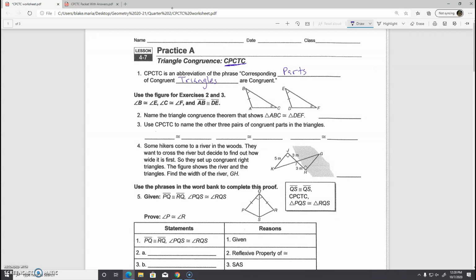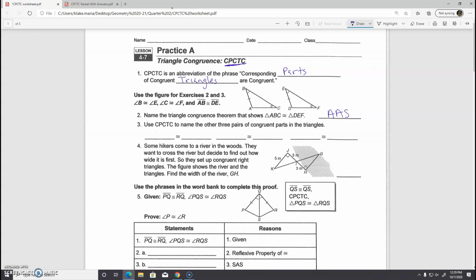So it means if you tell me, look at these two triangles, if you tell me these triangles are congruent, so it says name the triangle congruence theorem that says they're congruent. It looks like we have angle, angle, side, right? Angle, angle, side tells me that these two triangles are congruent. Now that you've proven that those two triangles are congruent, now you can tell me all the parts that aren't marked.